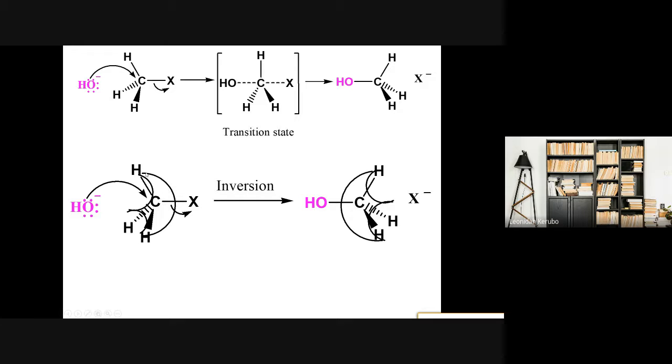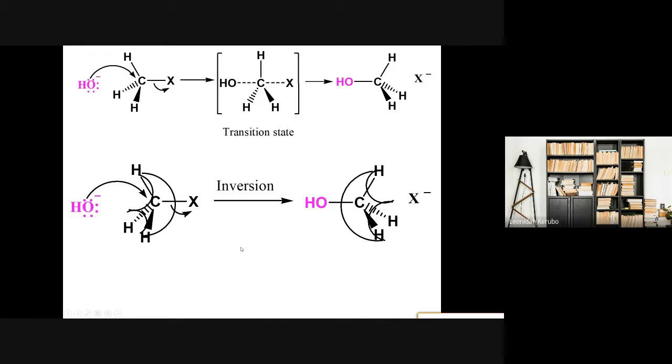If we use the umbrella to show this, when there's a bond formed to this electrophilic carbon, there's inversion of configuration. Of course, when a new bond is formed to this carbon, it means the other bonds to hydrogen have to move to the other side.